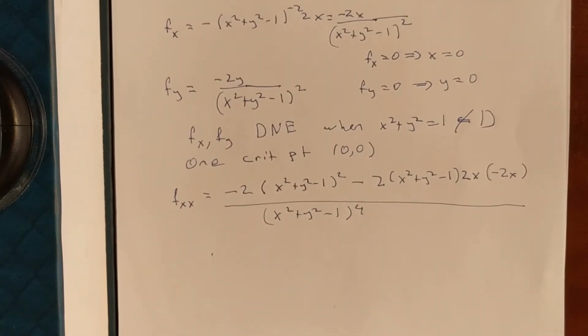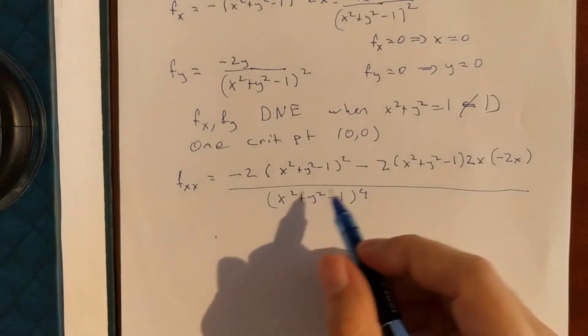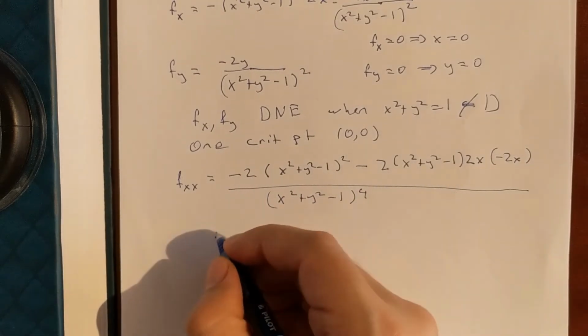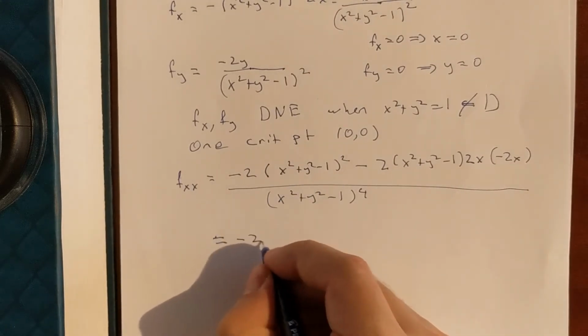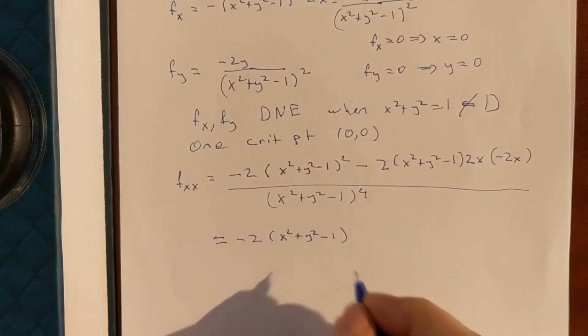Oh boy. Of course, have no fear, this is going to cancel out. Everything has an x squared plus y squared minus 1 in it, so we can cancel that out. If I get rid of one power of that, it makes the expression nicer.